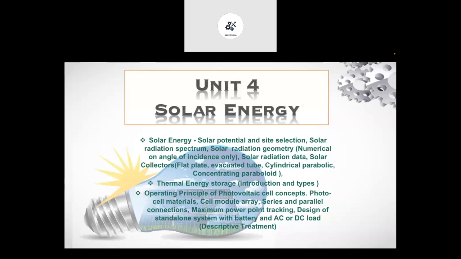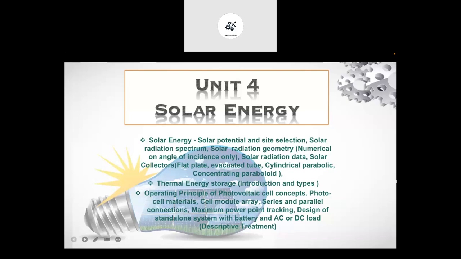If there is cloudy weather, the radiation received at that location is lowest. If it is a clear sky, the radiation is going to be very high. Radiation also varies with the season. So that geometry and the terms related to solar radiation geometry we are going to see, and there will be some numericals based upon the angle of incidence and other types of angles.